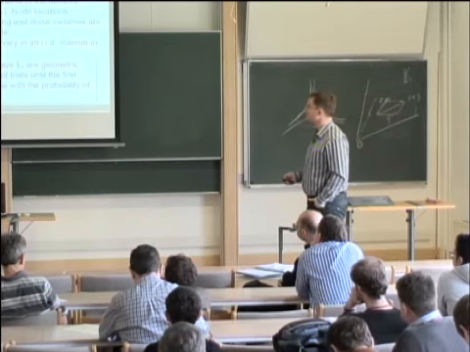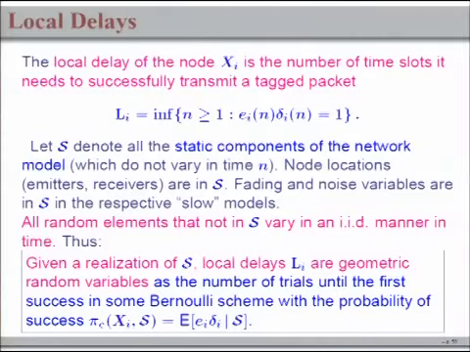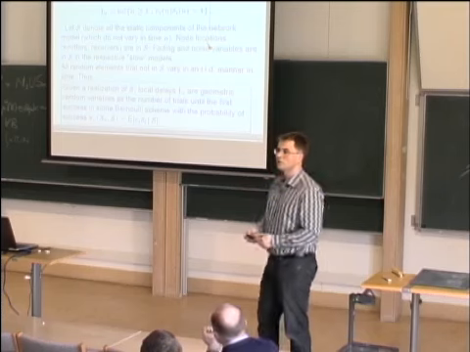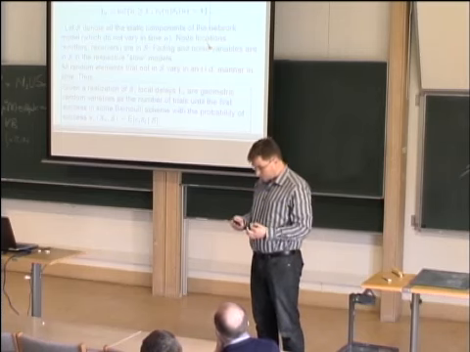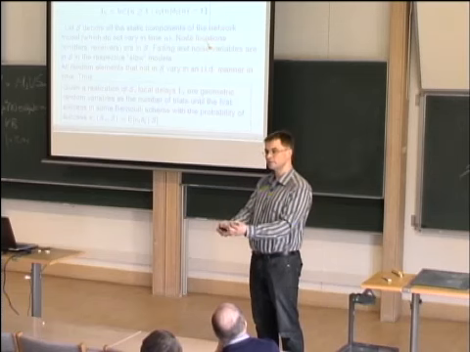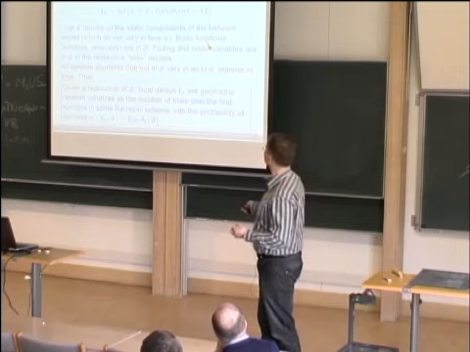And having done this, there is a very basic observation that for a given node, given everything that is static, so given all these things that do not vary in time, what this node is doing in time is just Bernoulli trials.